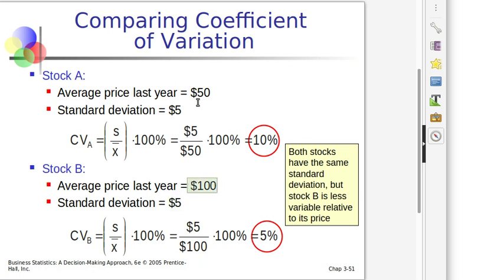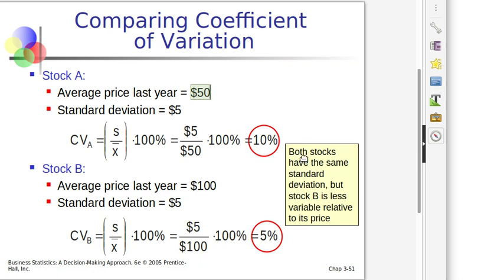This is 100, that is 50. Using the same formula for both of them, the result is only 5%, the coefficient of variation.